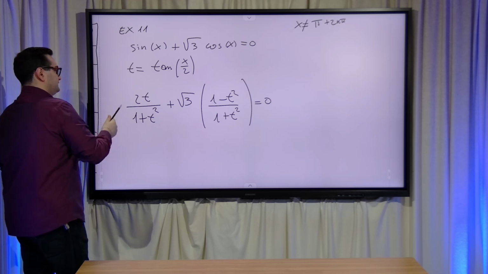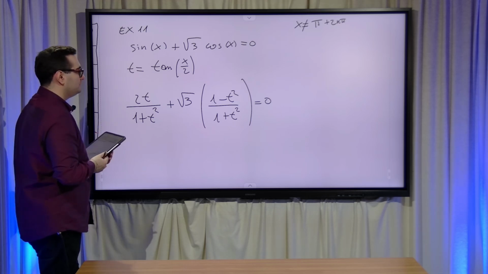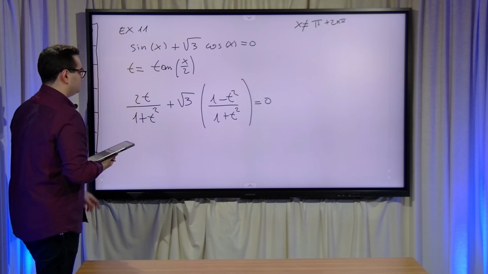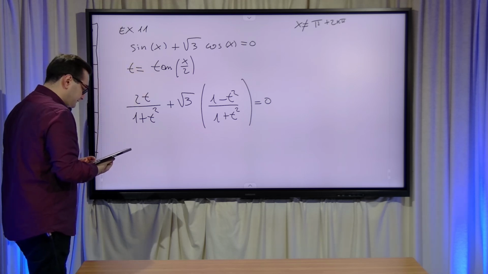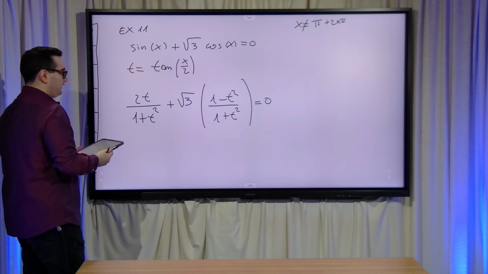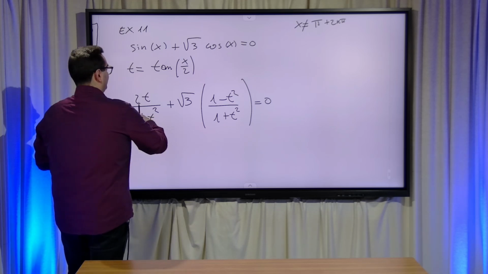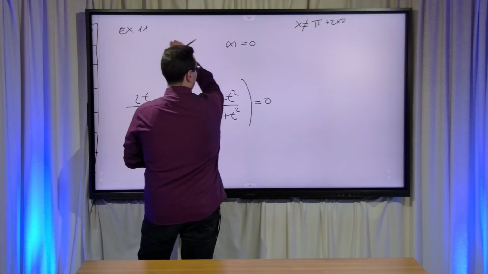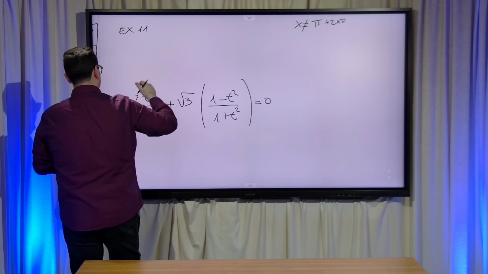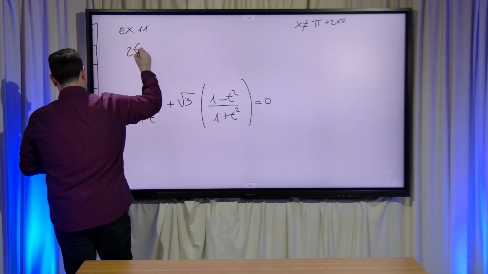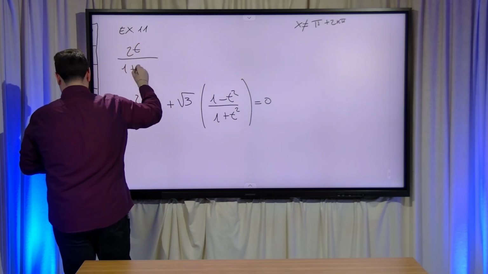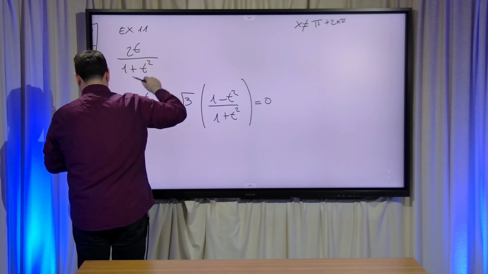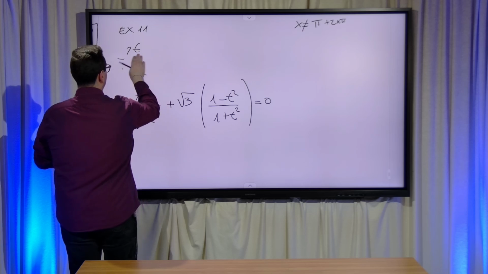I just used the formula I wrote before and replaced the sine and cosine functions with the tangent. From that, I can rewrite altogether as 2t over 1 plus t squared. Okay, let's write it like that.